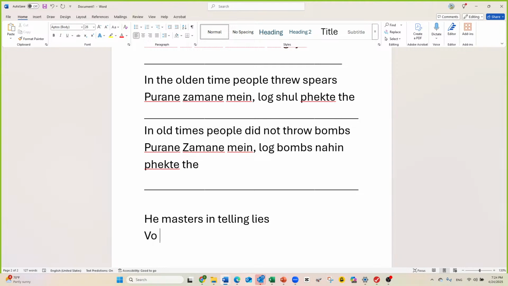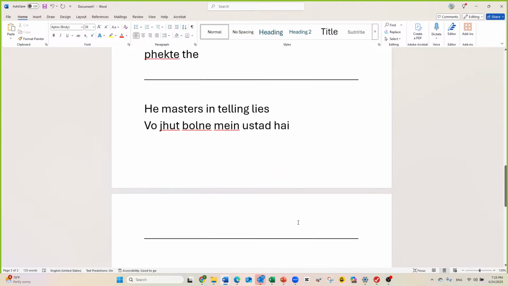Understand? So wo, and lies is jhoot, and to tell is बोलना. वो झूठ बोलने में उस्ताद है, and master is उस्ताद.